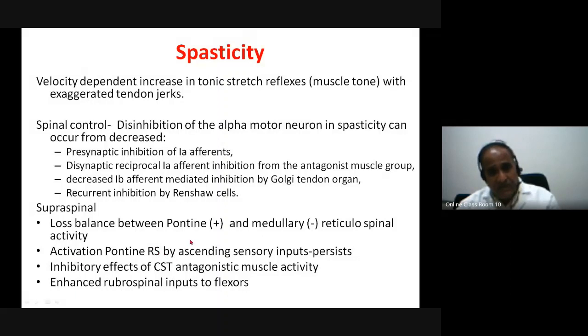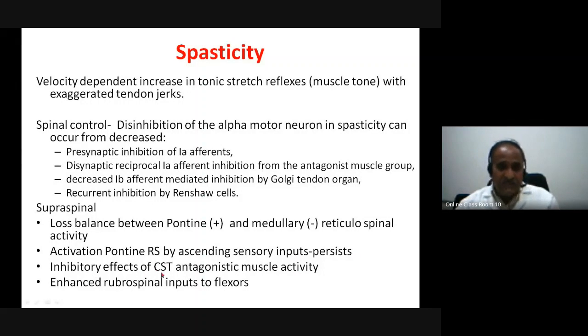Activation of the pontine reticular system. The pontine reticular system is excited by ascending sensory inputs. The ascending sensory inputs are painful, thermal, or any other type of sensations carried by the anterolateral column.